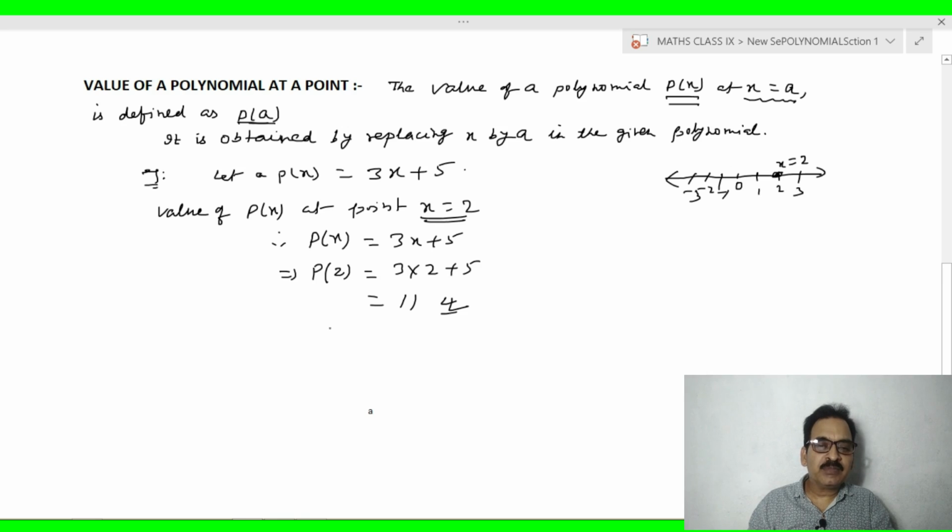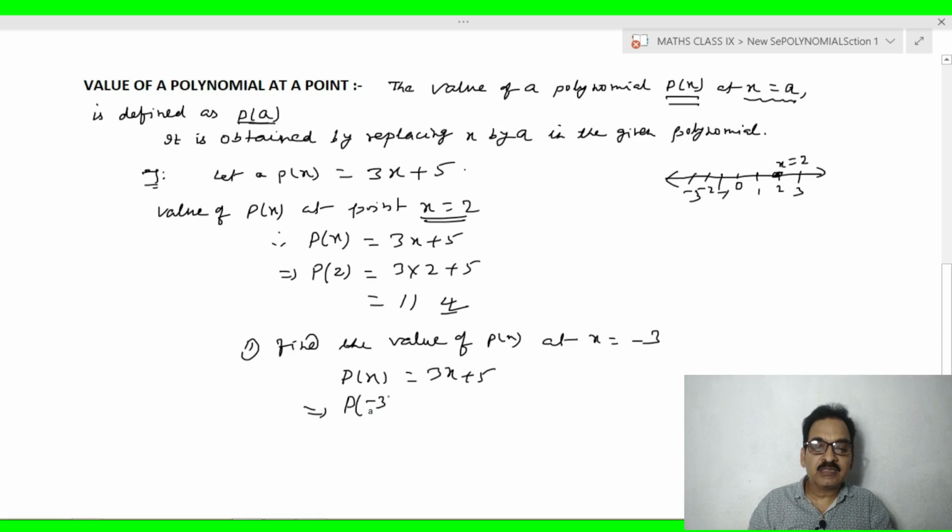Okay, one more example, a second example. Find the value of p(x) at x equal to -3. If we put x equal to -3, what do we get? Since p(x) is 3x plus 5 and we want the value at x equal to -3, in place of x we write -3.